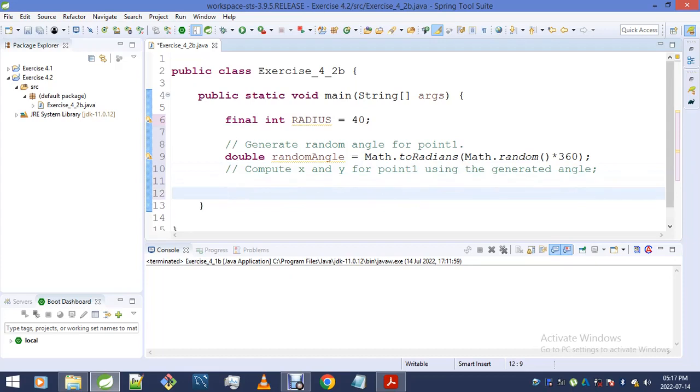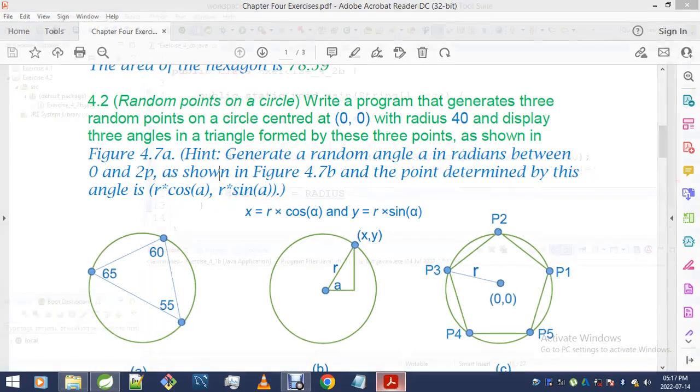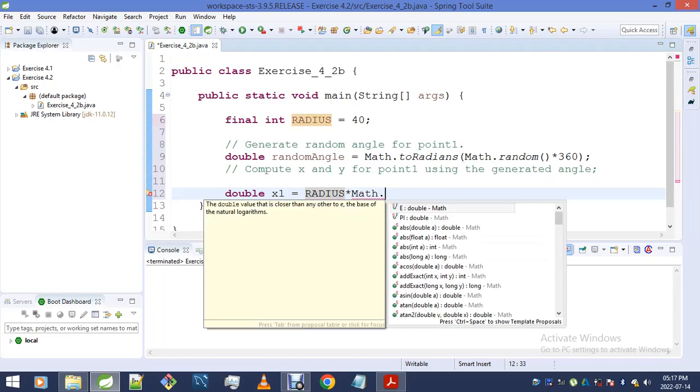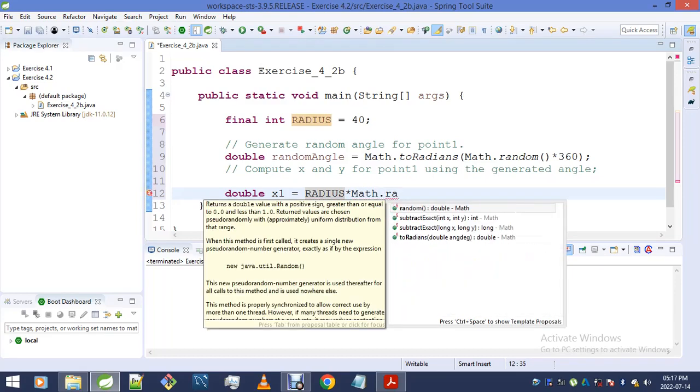Okay, now go double x1 radius. We are told the formula is r cos a, right? So it's gonna be r math dot cos.